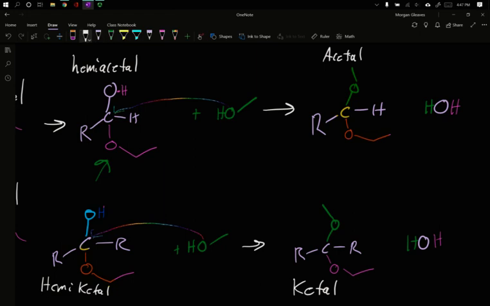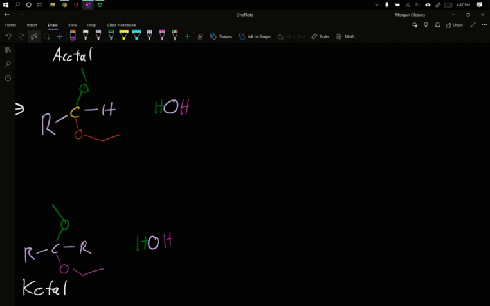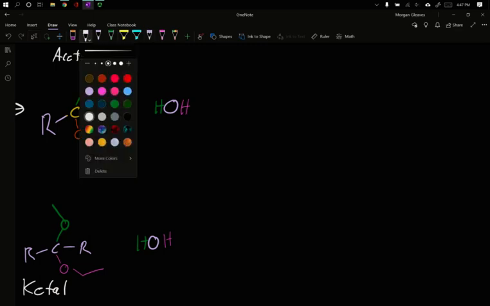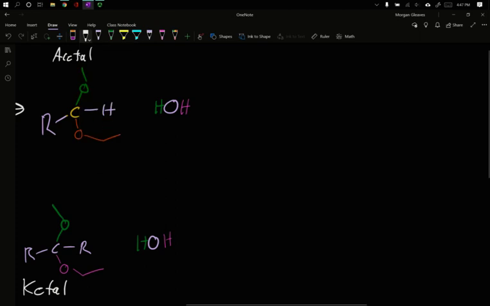These can also be reversed. If you have an acetal or a ketal and you add water, so instead of just making that product, let's say we add it. Well, water can attack that carbon and shove off one of the alcohols.